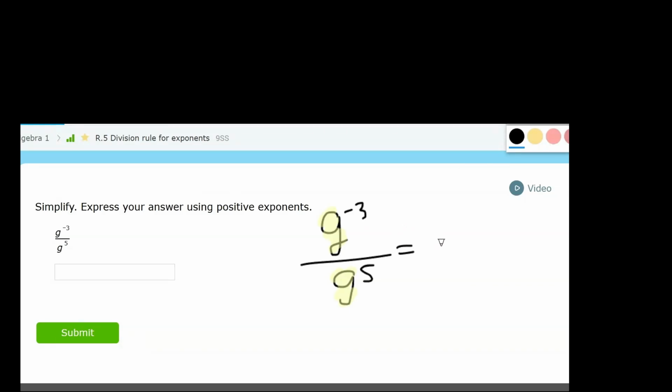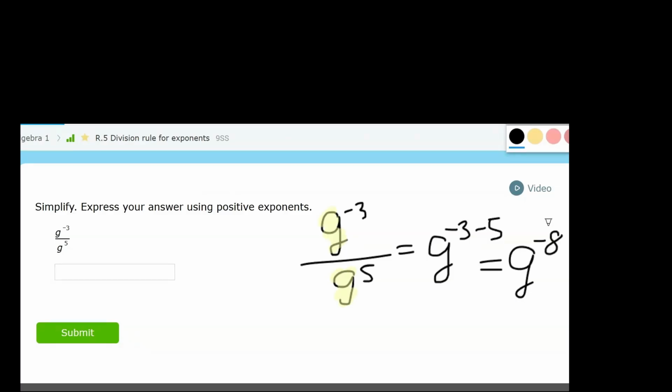So we're going to keep our base, which is g, look at the exponent in the numerator, which is negative 3 in this case, and subtract the exponent we see in the denominator, which is 5, and we're left with g to the negative 3 minus 5, which is g to the negative 8.